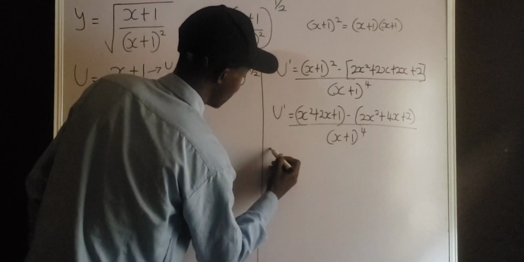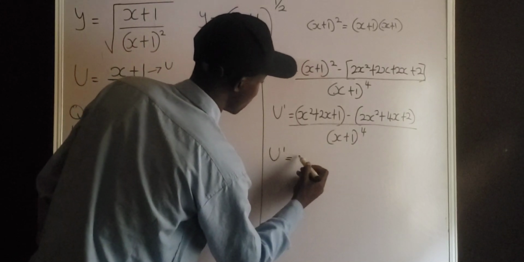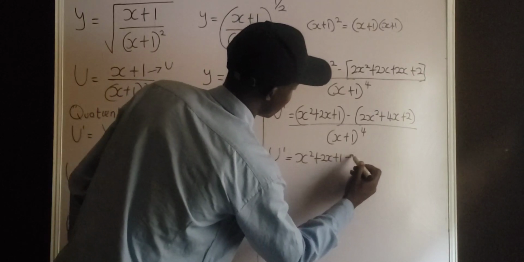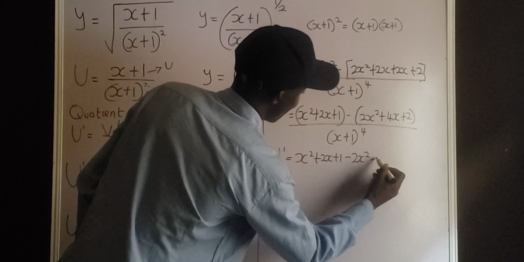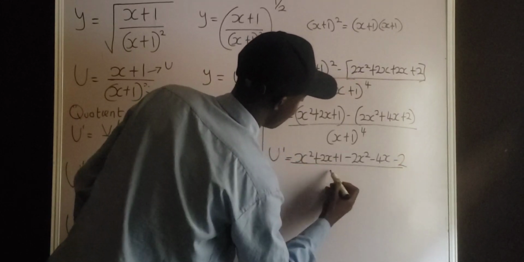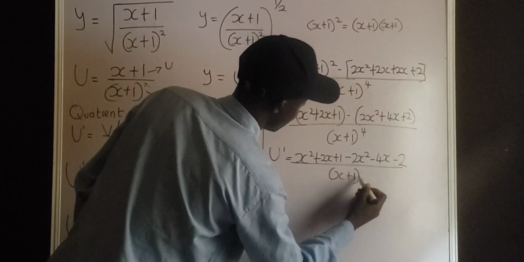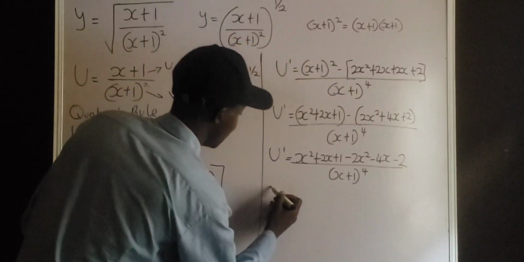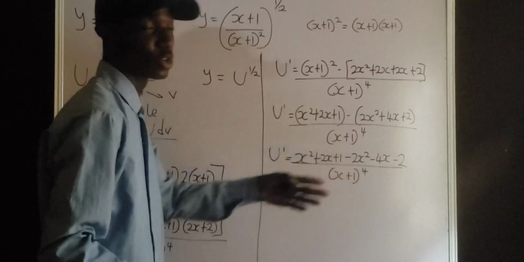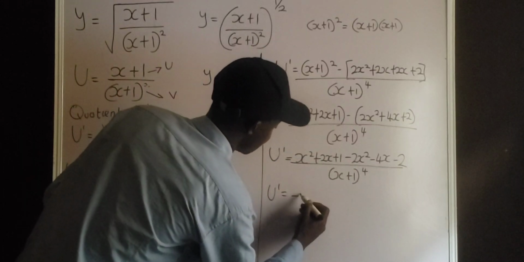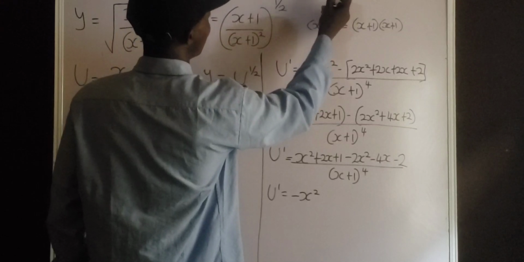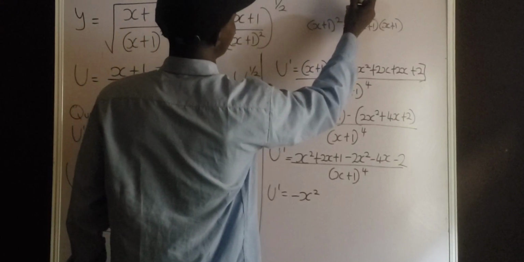Open this bracket using the minus. You are going to get derivative of u is equal to x squared plus 2x plus 1 minus 2x squared minus 4x minus 2 all over x plus 1 raised to the power of 4. Okay, let's proceed. Derivative of u is equal to, collect like terms, x squared minus 2x squared. That is negative x squared. Do you understand? For example, if I have 2a minus a, that is what? a.